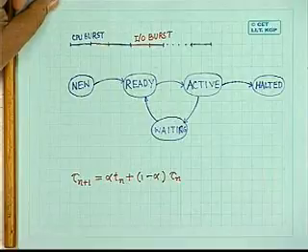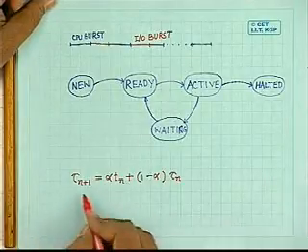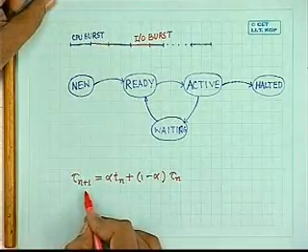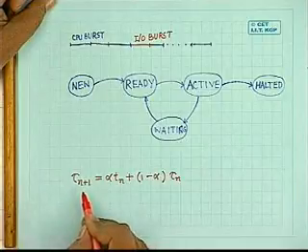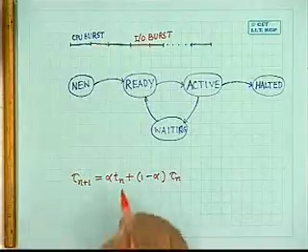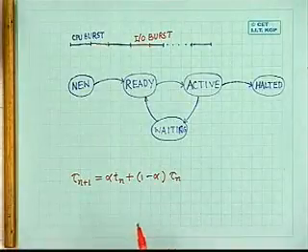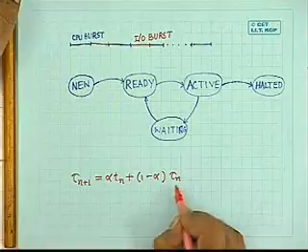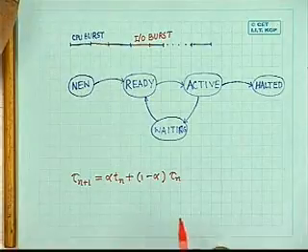Okay. Where tau n plus 1 is the predicted CPU burst time of the n plus first CPU burst. Tn is the exact nth CPU burst duration, and tau n is the predicted nth burst duration.